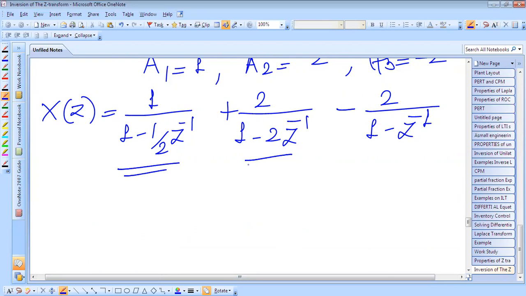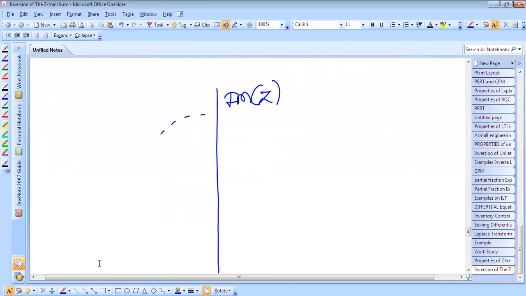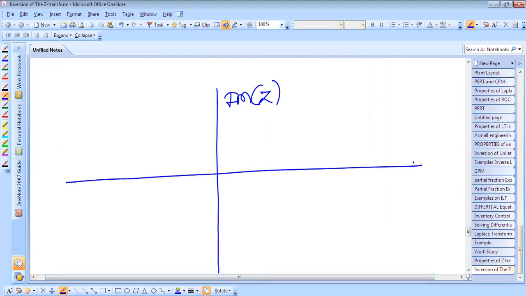We will find the inverse z transform of each term using the relationship between the location of the poles and ROC of X(z). For that we will draw this. This is the real part of z.